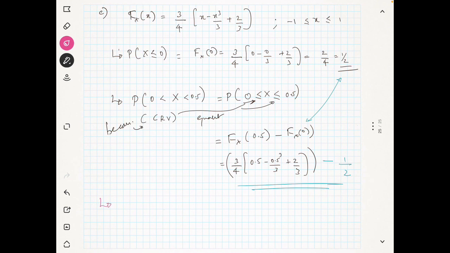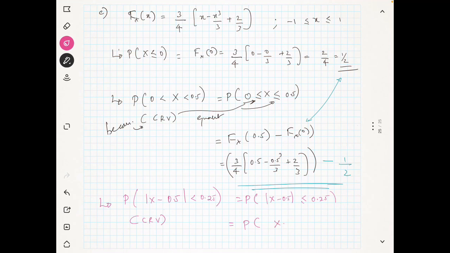Next, the last part, I think so. Yes, next part is the probability that modulus of x minus 0.5 is less than 0.25, but it is a continuous random variable, so I can write it as less than or equal to 0.25. Okay, there is no issue for this.